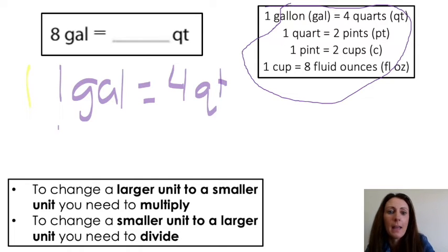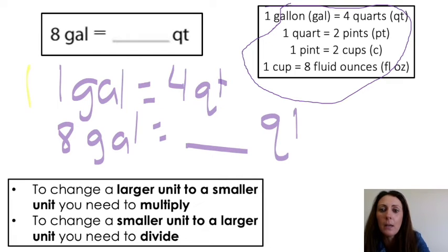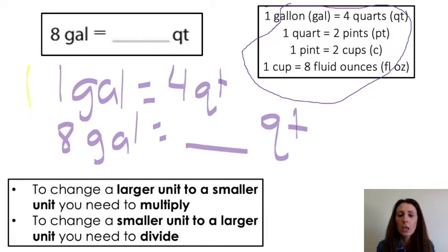So if I have 8 gallons, what am I going to multiply that 8 by to figure out how many quarts that's going to be? Take a minute, think about that in your head. Or you can turn and tell someone, if you have someone near you, what you would multiply that 8 gallons by.